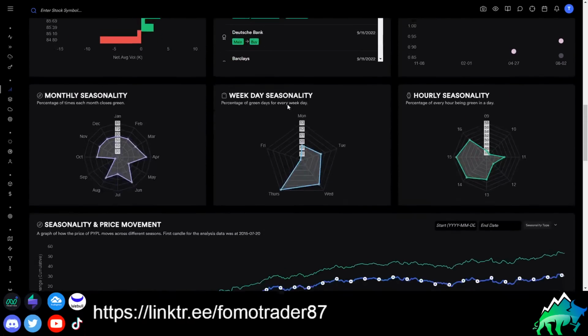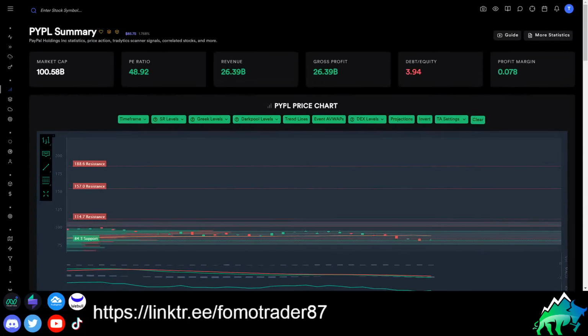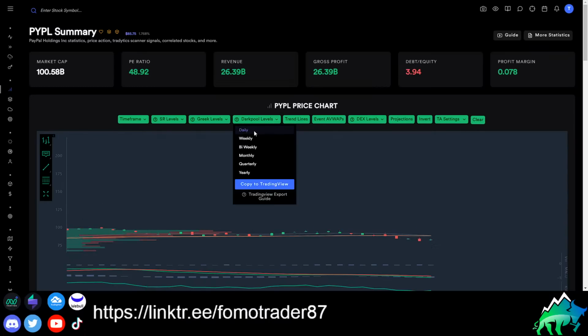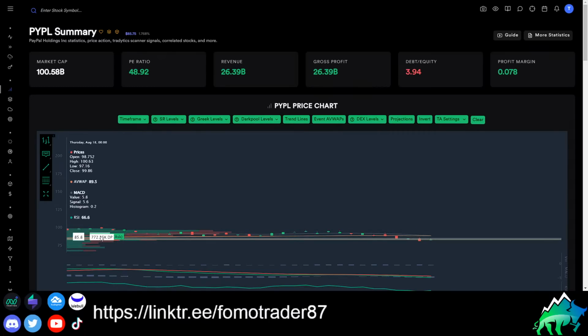But for building confluence with this, the one thing I would want to check first is my support and resistance zones, and if we are sitting on heavy levels of gamma or heavy levels of DEX support and resistance as well. You can also add the dark pool levels, which we can see we have a nice dark pool cluster right here. If I clear this out and we add the daily dark pool, we are right around that level as well.